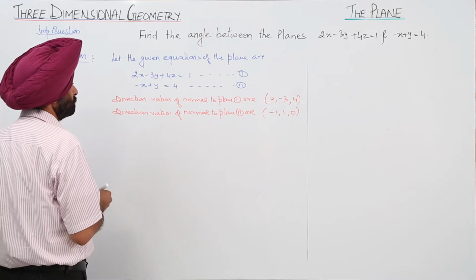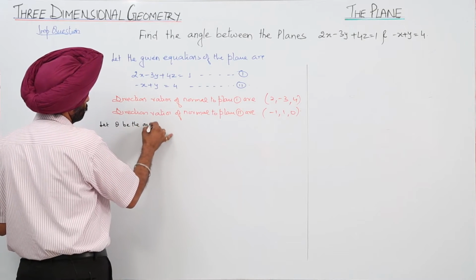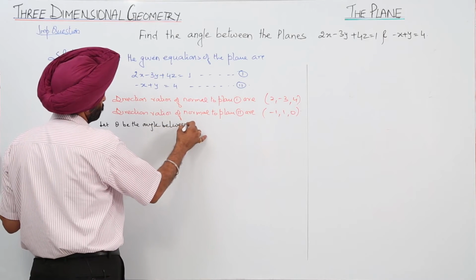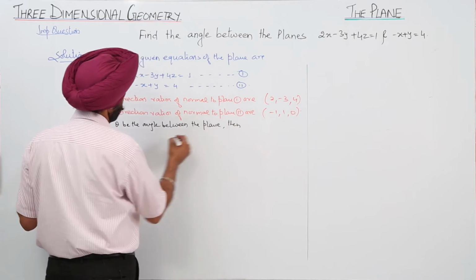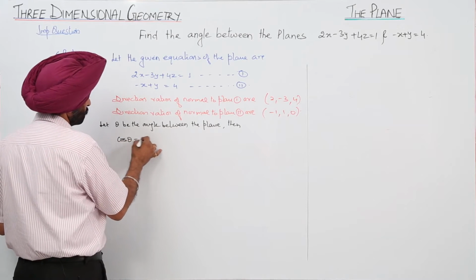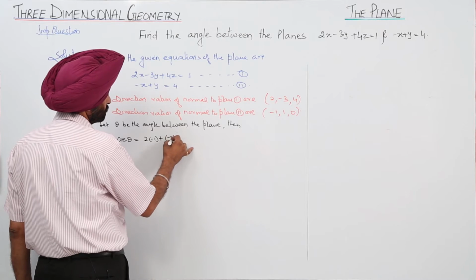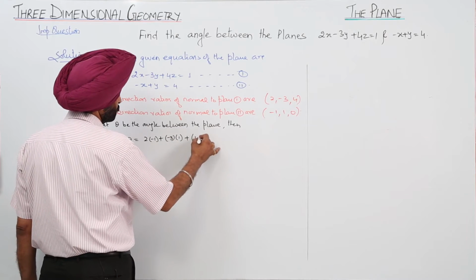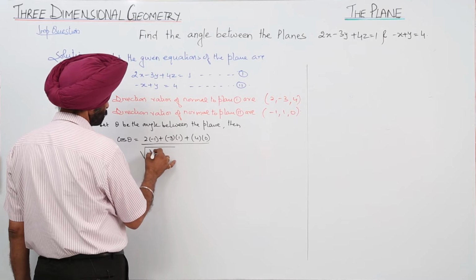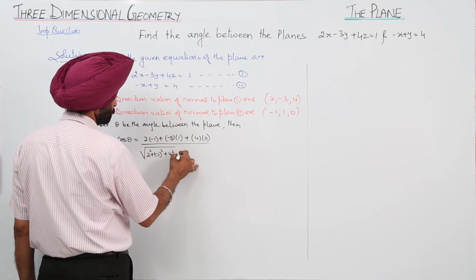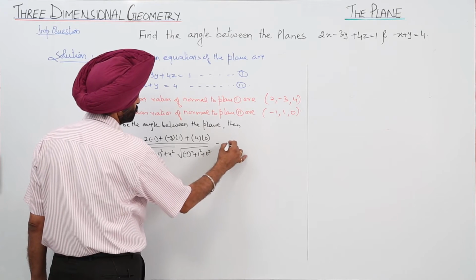Now let theta be the angle between the planes, then cos theta is equal to 2 with minus 1 plus minus 3 with 1 plus 4 with 0 upon the square root of 2 square plus minus 3 square plus 4 square, with the square root of minus 1 square plus 1 square plus 0 square.